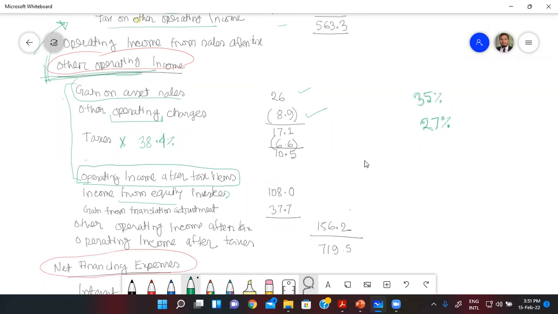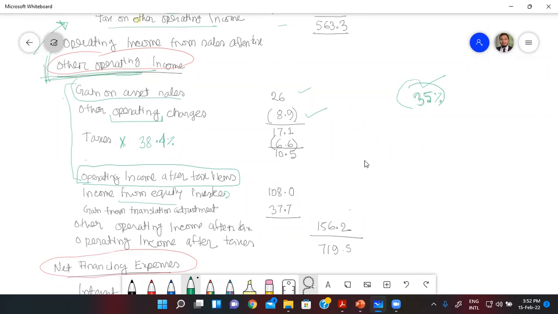Probably they have understated or undervalued some assets, which have consequences on their income, and they are able to make it effectively 27%. But by statutory guideline, their tax is 35%. So if we use the effective rate, it will be misleading, because it might come from some issues which we do not know. So always use the statutory tax rate.